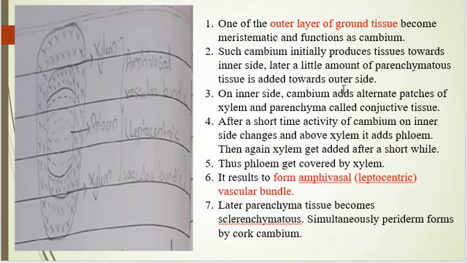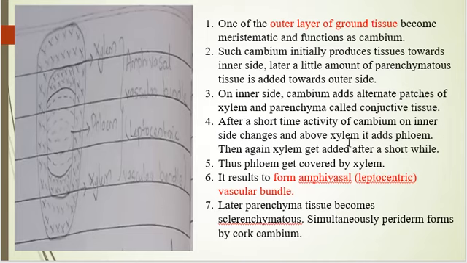Such a cambium initially produces tissues towards the inner side. Later, an amount of parenchyma tissue is added towards the outer side. Then on the inner side, the cambium adds alternate patches of xylem and parenchyma called conjunctive tissues.